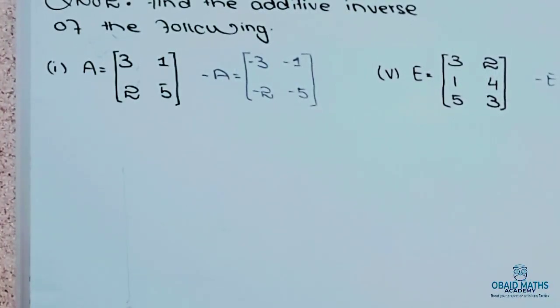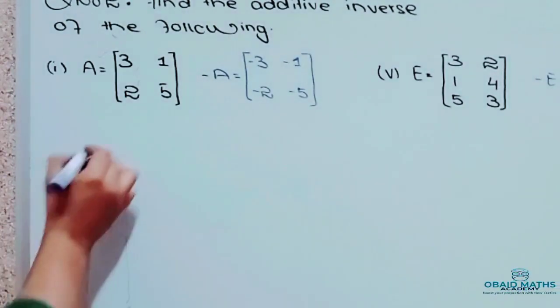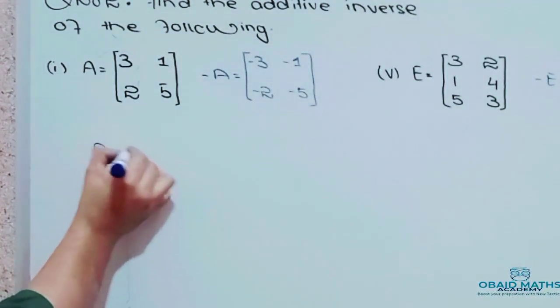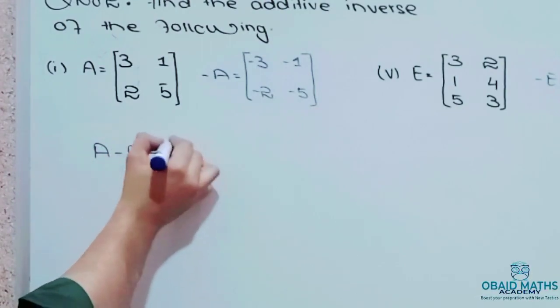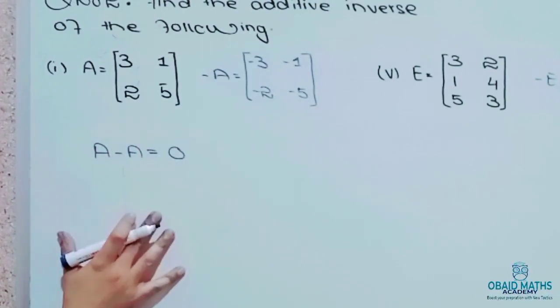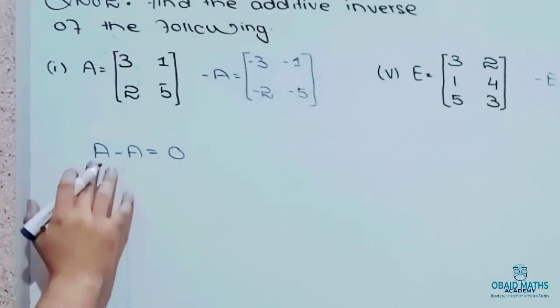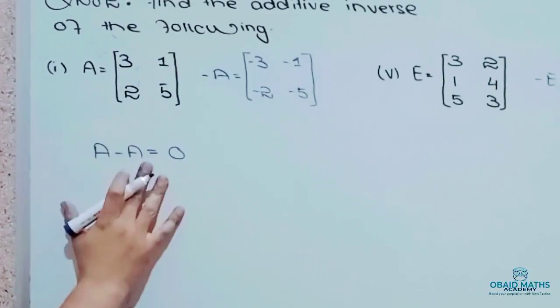Okay class, now moving toward the remaining part of question number 2, which is that you have to just subtract the A from its own element, and the answer will be 0. So we have to use the matrix A and minus it with its own element.